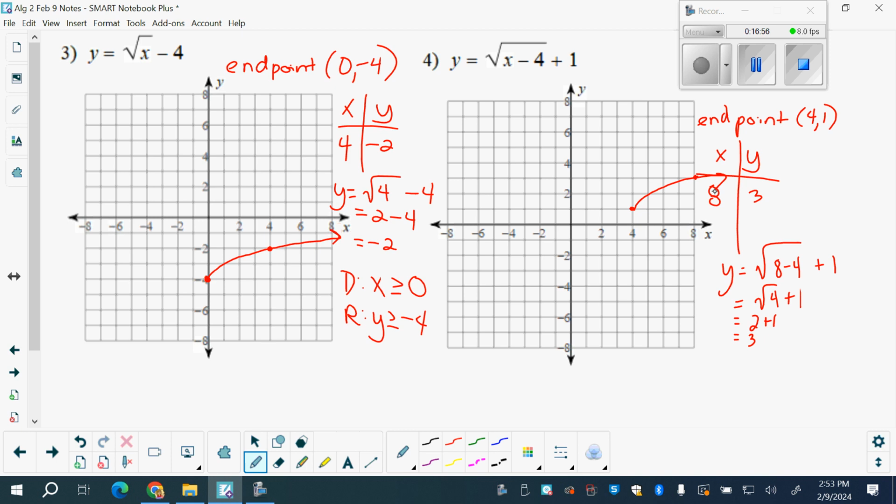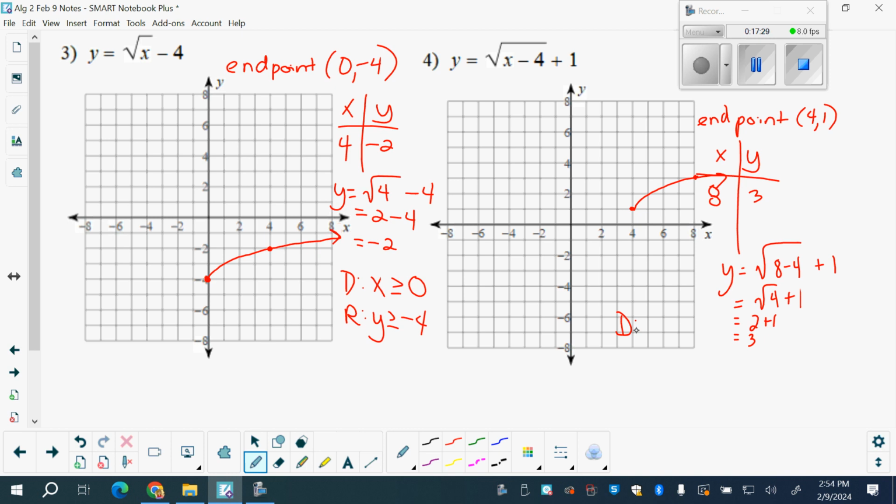Okay, so what's my domain? Here, somebody here. What's my domain? We're looking at this point right here. What's the x value at this point? Your endpoint helps you too.